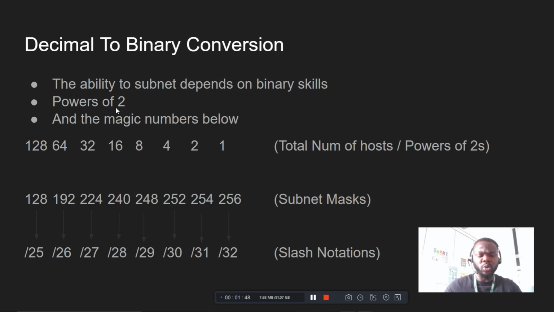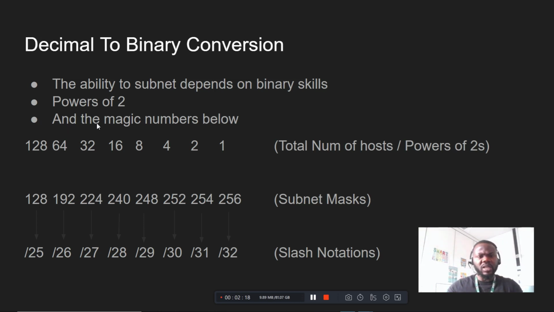You must be able to do the 2 times multiplication table: 2 times 2 is 4, times 2 is 8, times 2 is 16, times 2 is 32, times 2 is 64, times 2 is 128, times 2 is 256, times 2 is 512, times 2 is 1024, times 2 is 2048, times 2 is 4096, and so on. So that is your powers of 2.